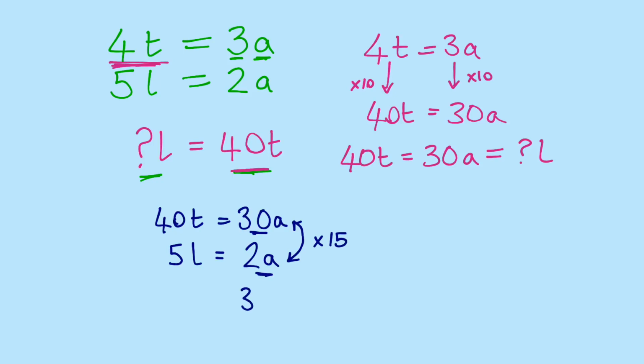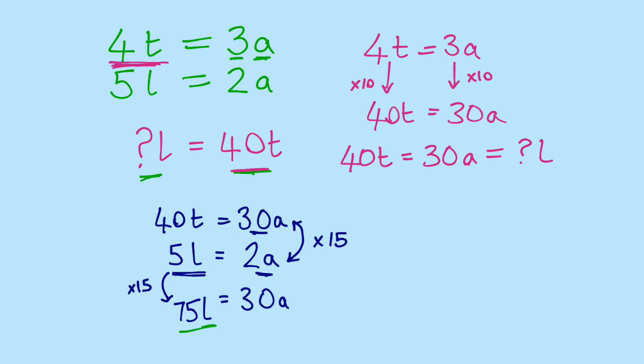So to get 30 apples, I times by 15. So I need to do that to the other side of my equation. I did have 5 limes. I'm going to times that by 15, and 15 times 5 is 75 limes. So I know that 75 limes is equal to 30 apples.